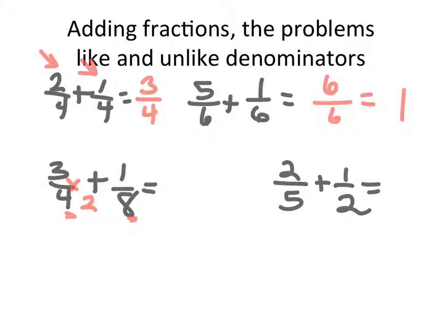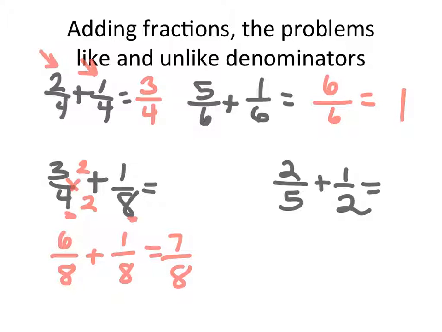But we know it's a mathematical law that if we do something to one part of a fraction, we have to also do it to the other. So if we take 3/4 times 2/2, now we have 6/8. 3/4 and 6/8 are equivalent fractions. Now we have eighths, so we can add another eighth. 6/8 plus 1/8 is 7/8.